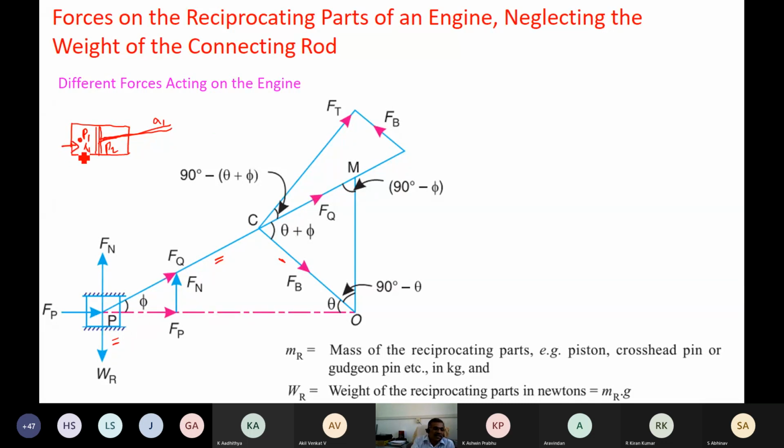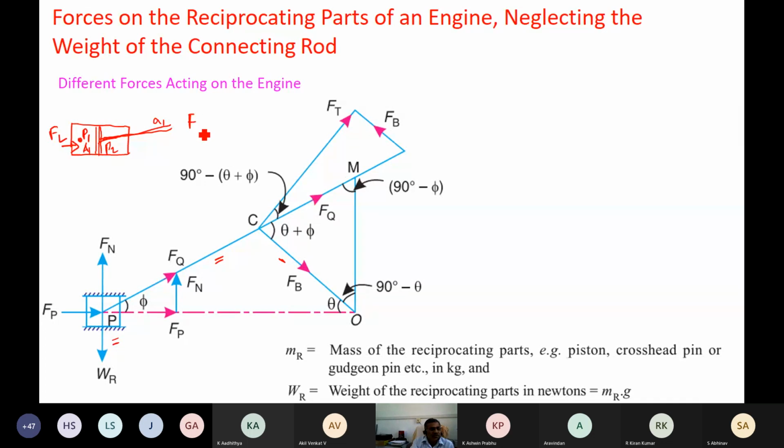Now what will be the gas force acting here? Gas force acting from this side. Here we have assumed gas pressure is P1. This time here it is P2. Then the gas force, that is FL. We can take it as FL.